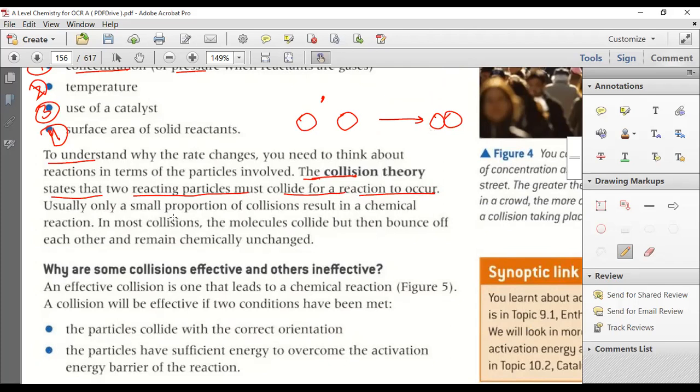Only a small proportion of collisions result in a chemical reaction. In most collisions, the molecules collide, but they bounce off each other and remain chemically unchanged. So there are some collisions which are effective, and some which are ineffective. Only effective collisions are the ones which lead to a chemical reaction.